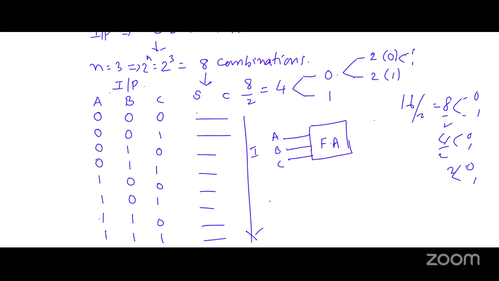Inputs are 3, where the outputs are sum and carry. Okay. So this is about the full adder, and you need to practice it, and you can easily get the values, either for sum or carry, like this.